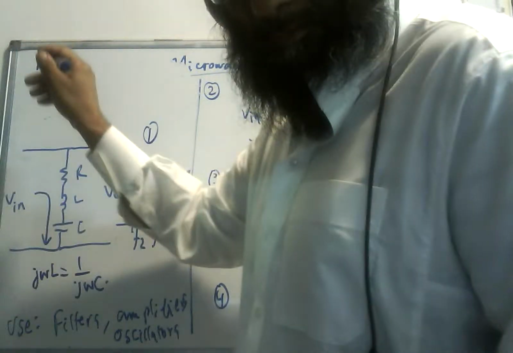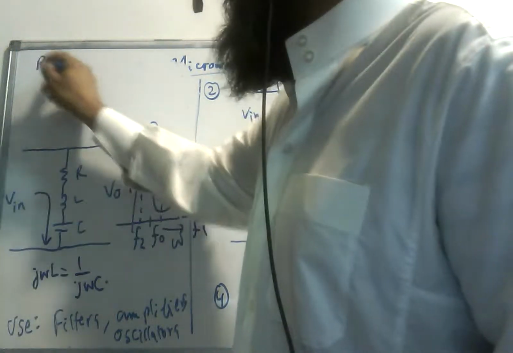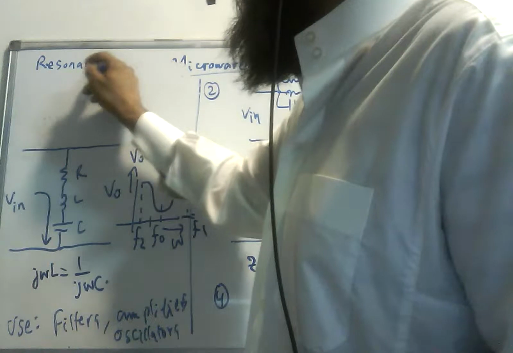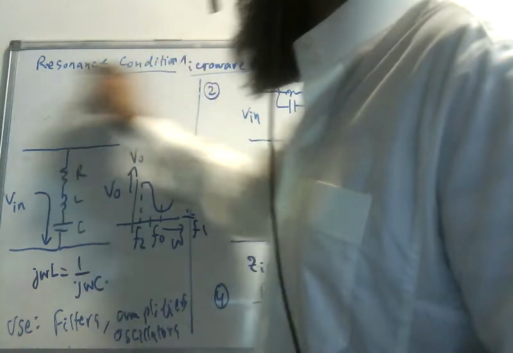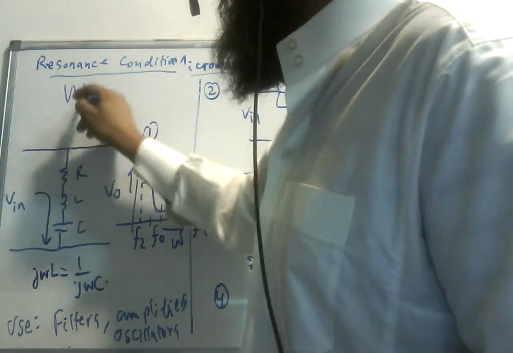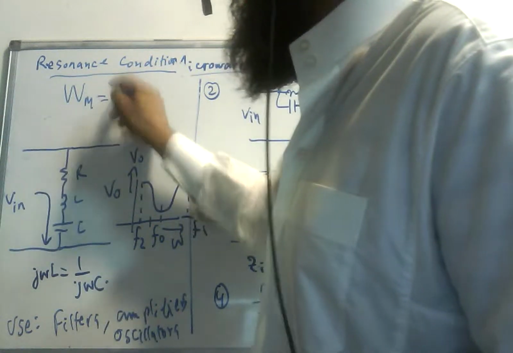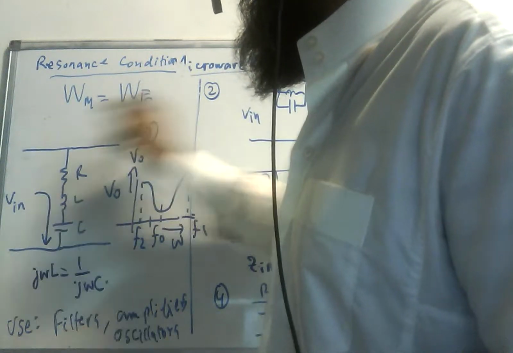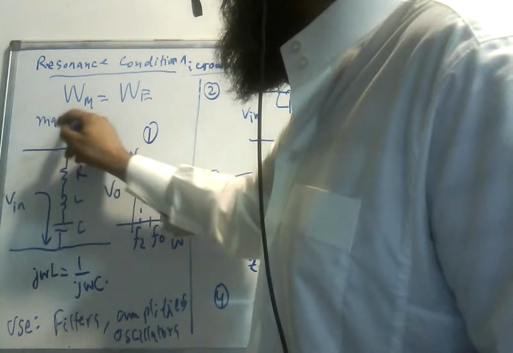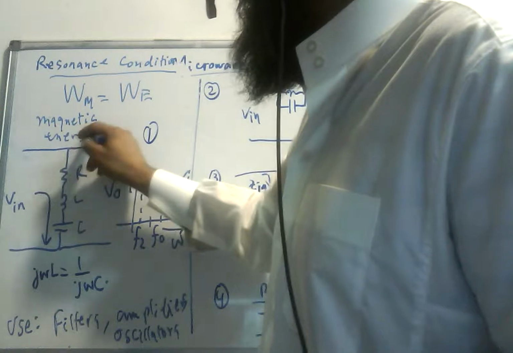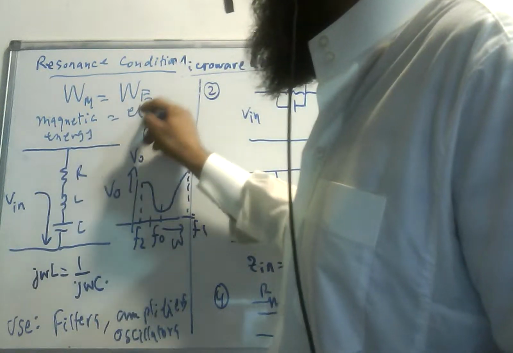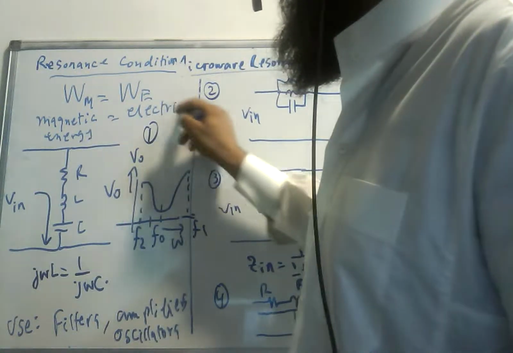Resonance condition. So this is the condition when I have W_M equal to W_E. So magnetic energy is equal to the electrical energy.